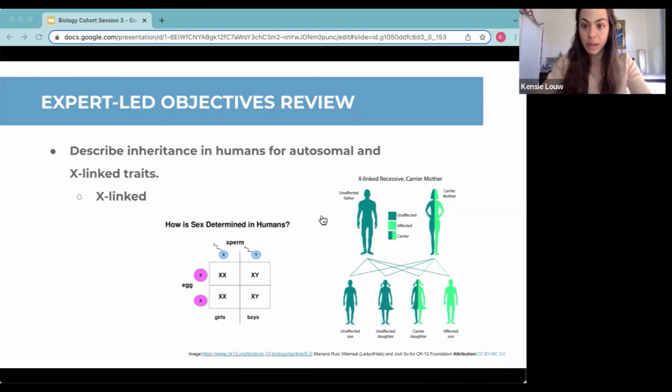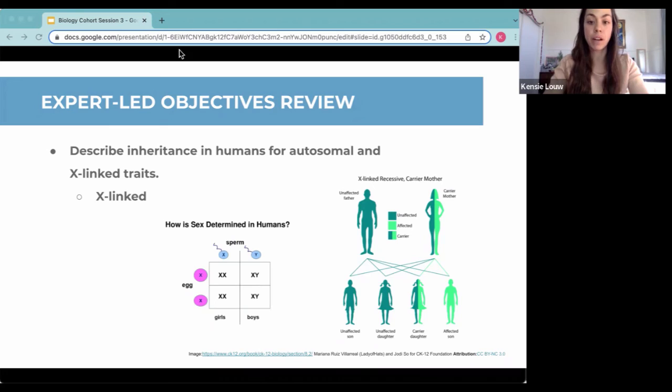provide another allele. And females have two X chromosomes, and because of that, they have two alleles for any X-linked trait. And so in order for them to show a recessive trait, they would have to inherit two copies of a recessive allele to express that recessive trait. So this explains why recessive traits are less common in females than in males.